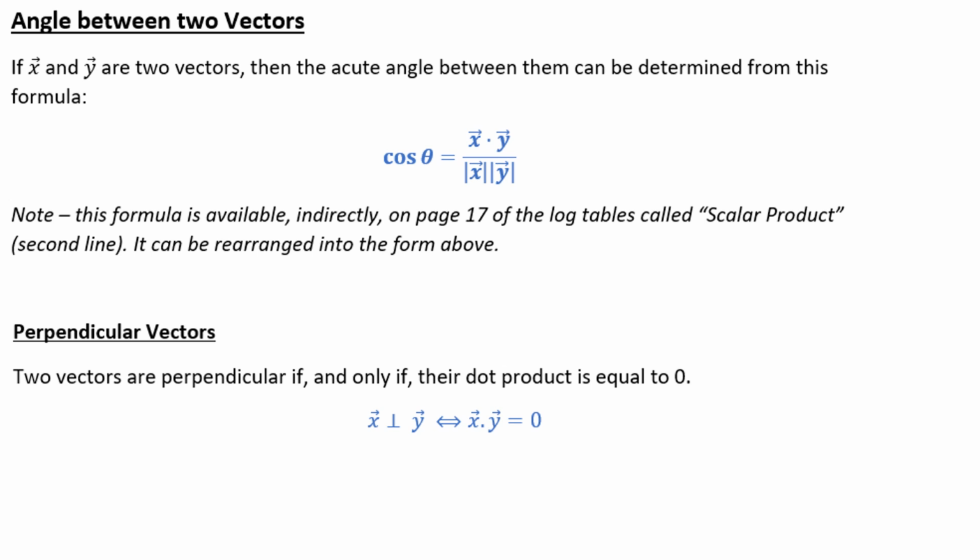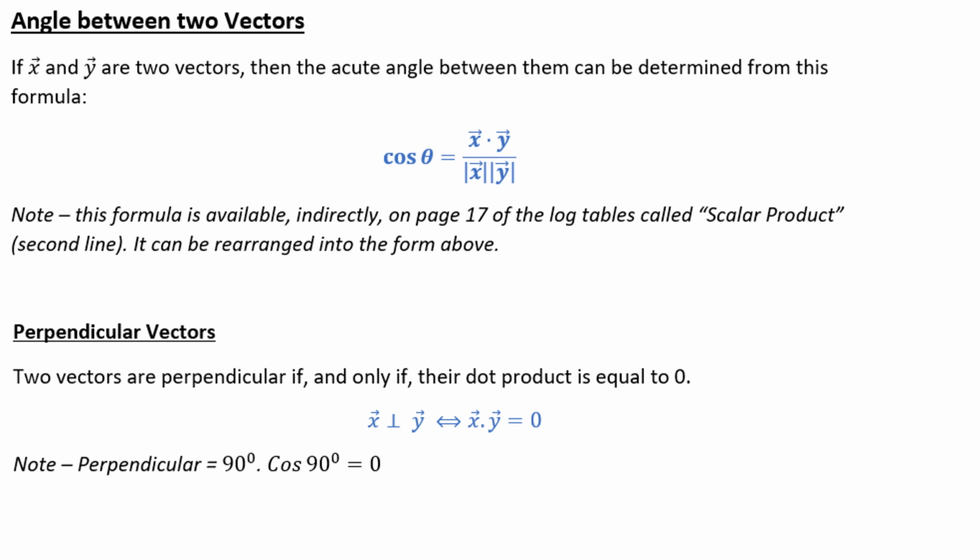So the vector x is perpendicular to the vector y if their dot product equals 0. And this arrow here basically means it goes both ways. If they're perpendicular, then their dot product is 0. If their dot product is 0, then they're perpendicular. So the converse is also true. The reason for that is because perpendicular means 90 degrees and the cos of 90 equals 0.